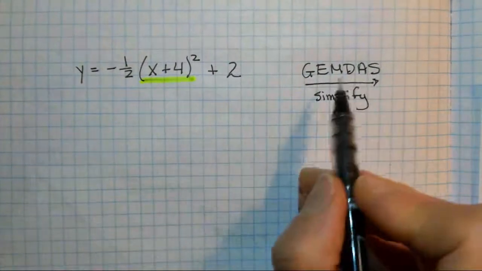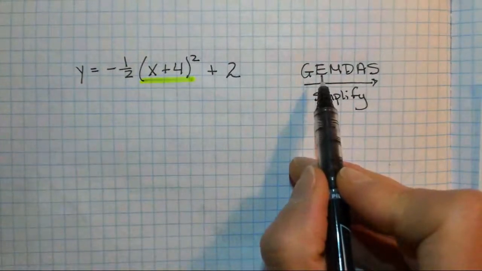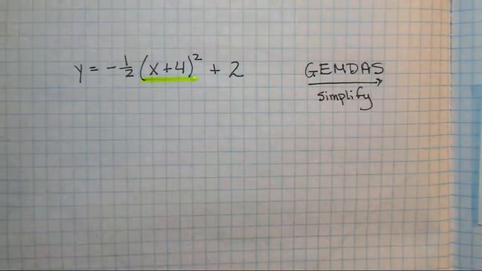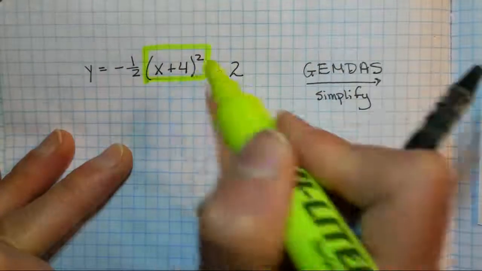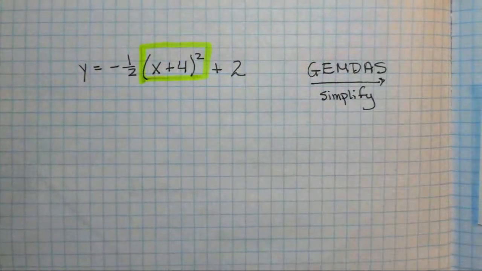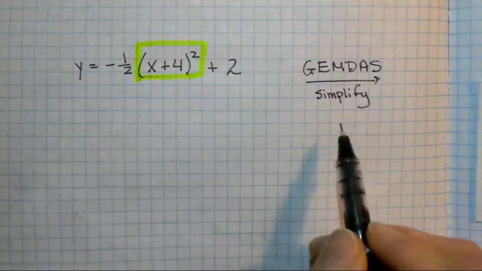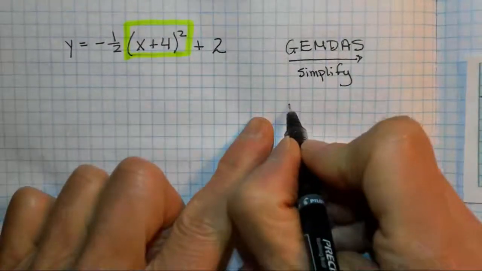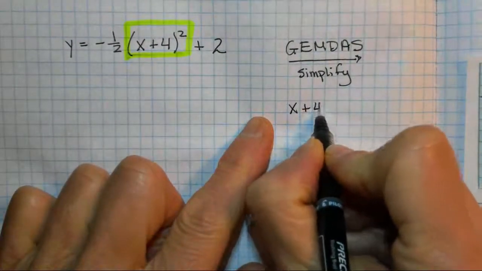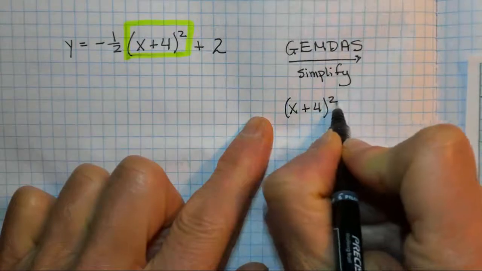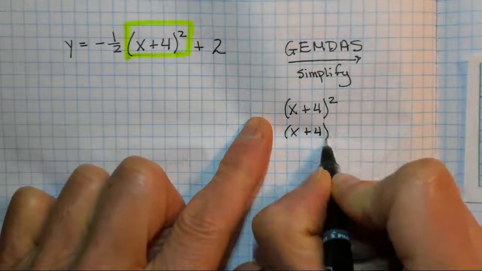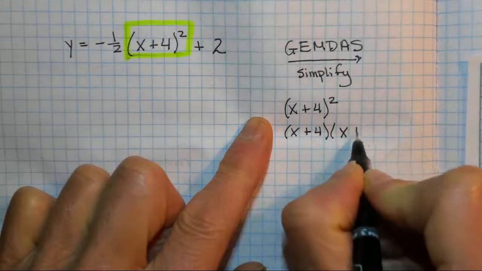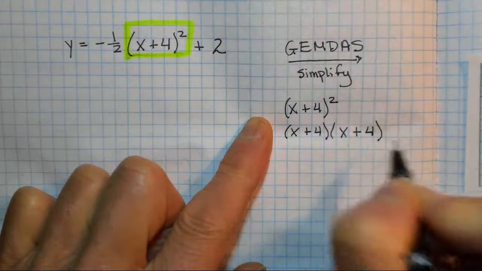So I'm going to go on to the next thing. Do I have any exponents? I do. Right here. So this right here is being squared. So what does that mean? I'm going to do my work over here to show you. So x plus 4 squared is the same as x plus 4 times x plus 4.